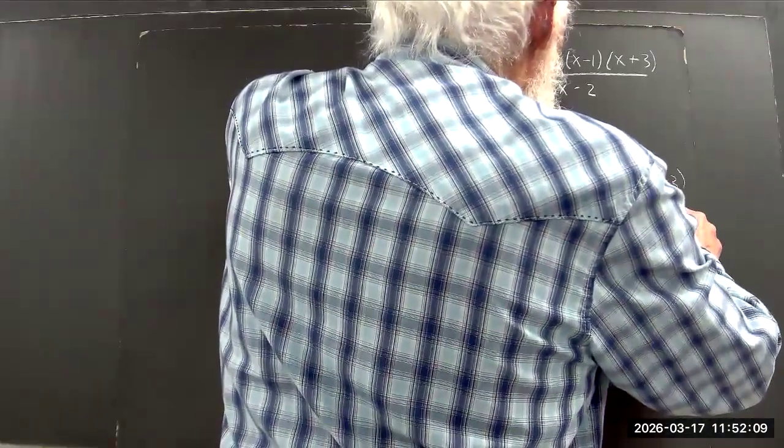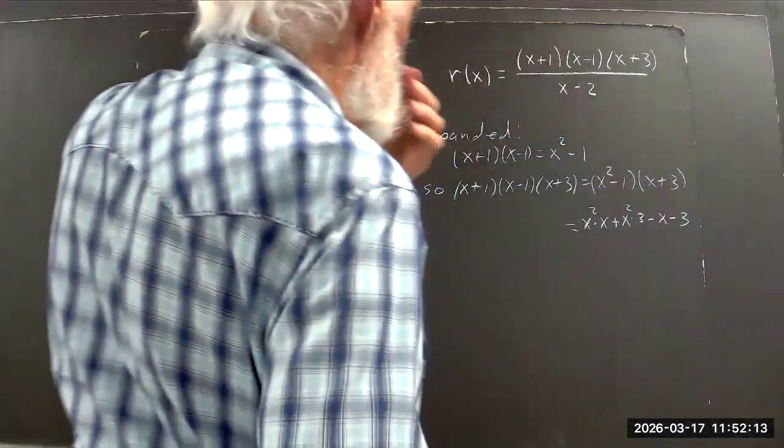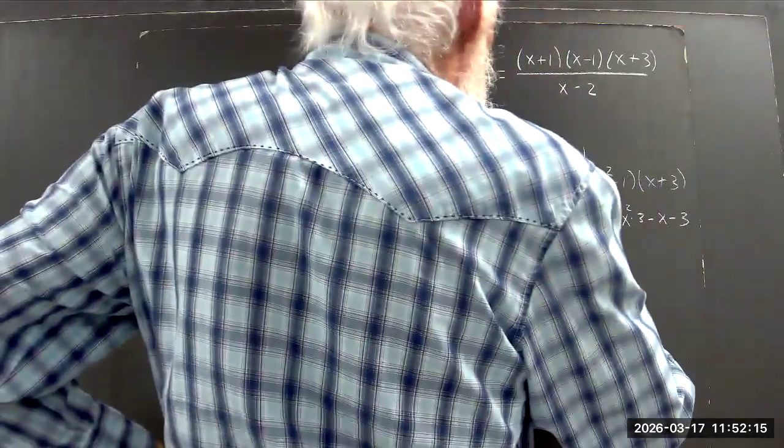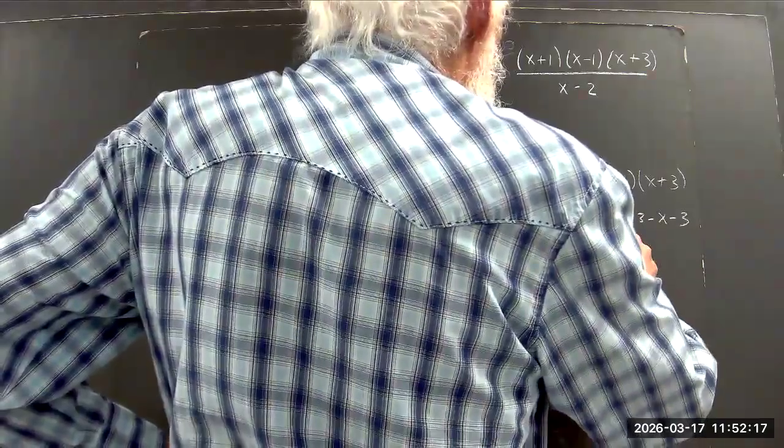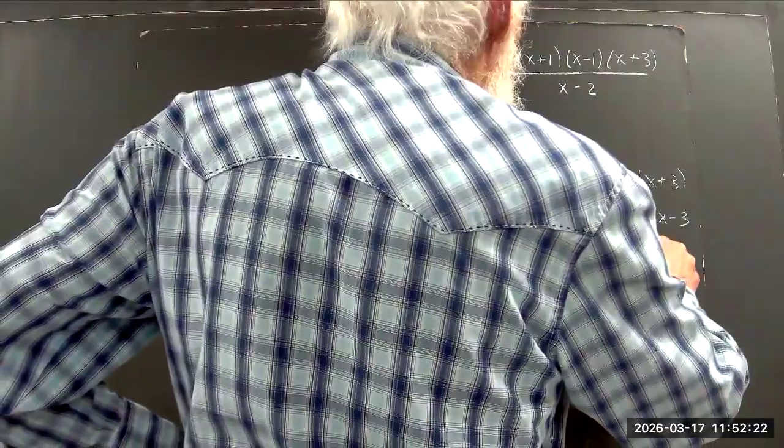So then minus x and minus 3. This is x cubed plus 3x minus 3, which equals x cubed plus 2x minus 3.